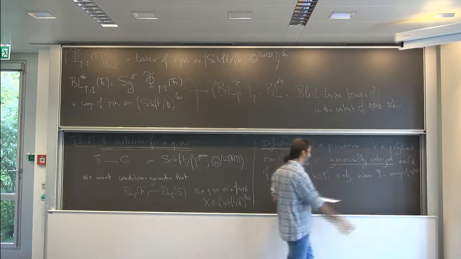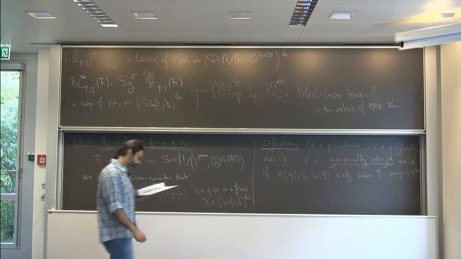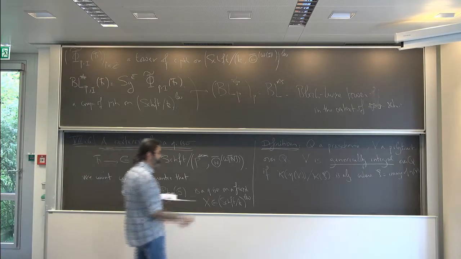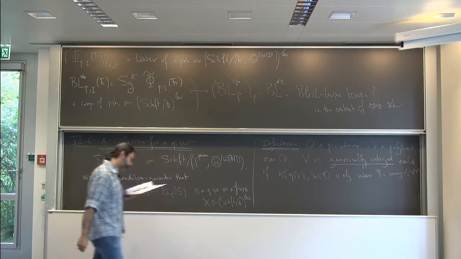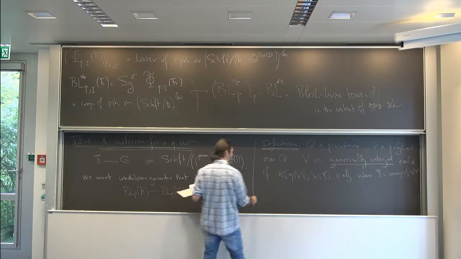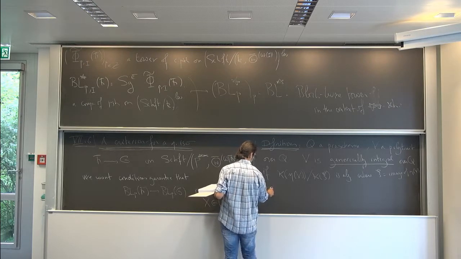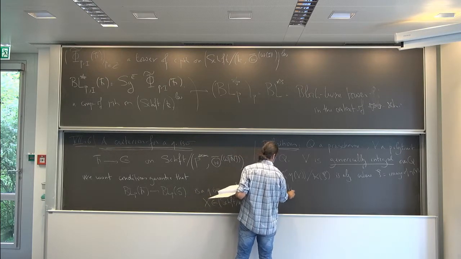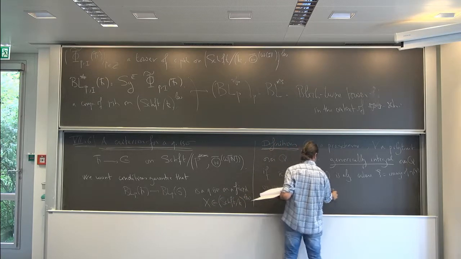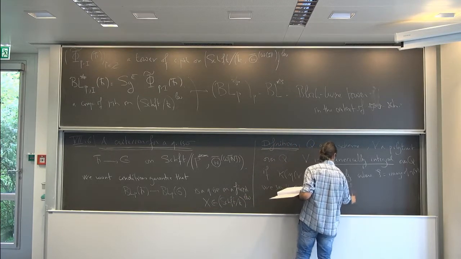So the generic point induces a map, and the image of the generic point gives you an algebraic extension. And we say that V is generic if Xi is a generic point.